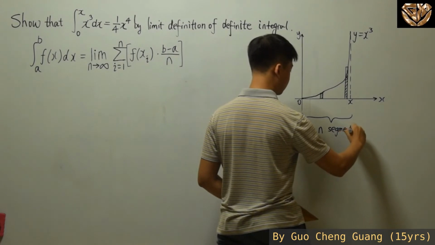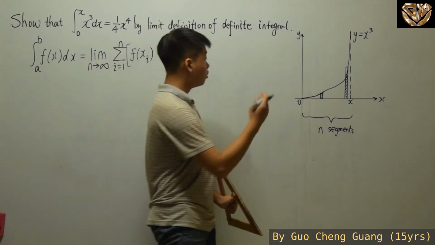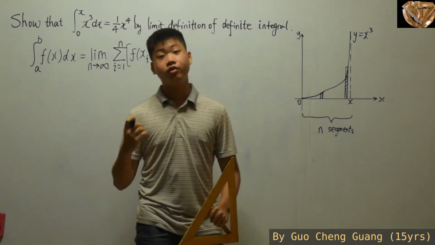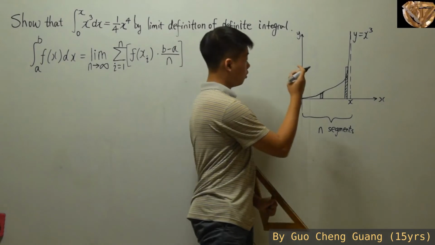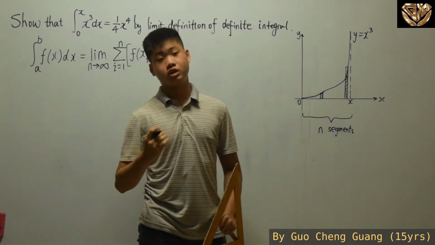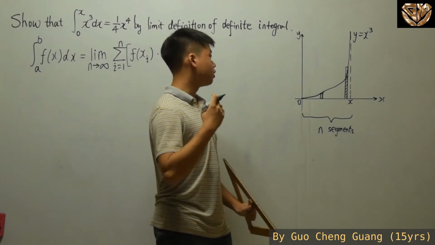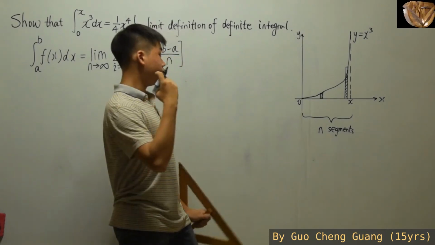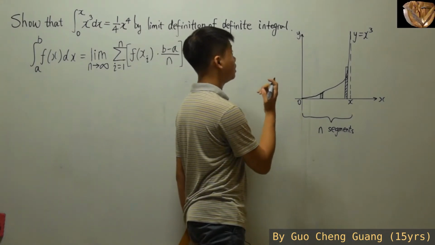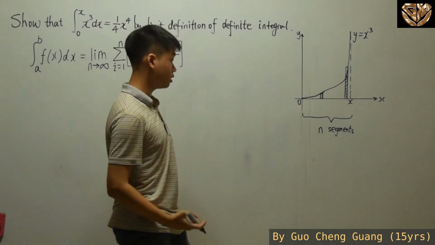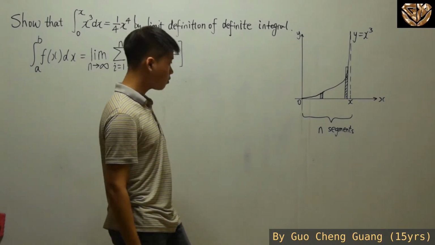Alright? So we have n number of these rectangles. Now, with the n number of these, we have to make a way to know how to pick each of them out, which is also somewhat like naming them, isn't it? So, how exactly are we going to use a specific notation in order to allow us to be clear of how to find the area of each of these rectangles?